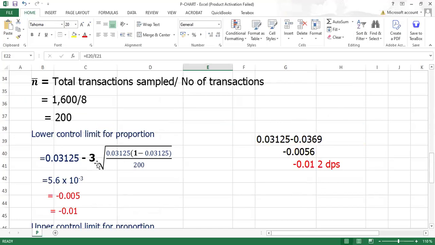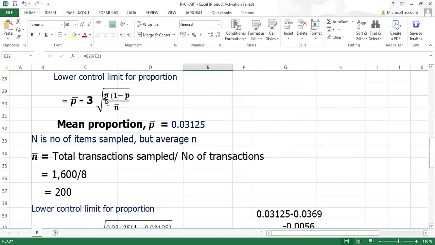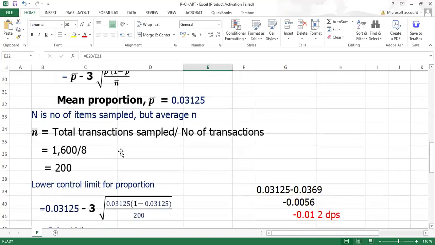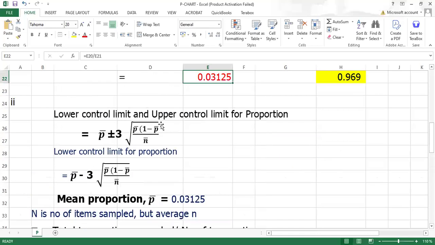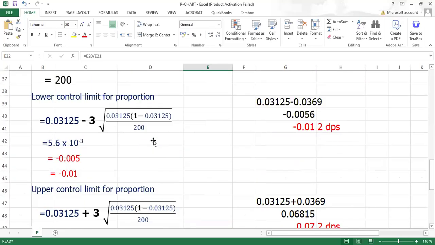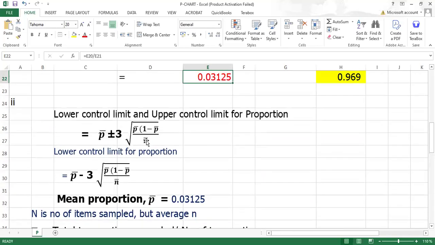Then minus 3 times the square root of the average proportion times 1 minus the average proportion, close bracket. Then over N bar.